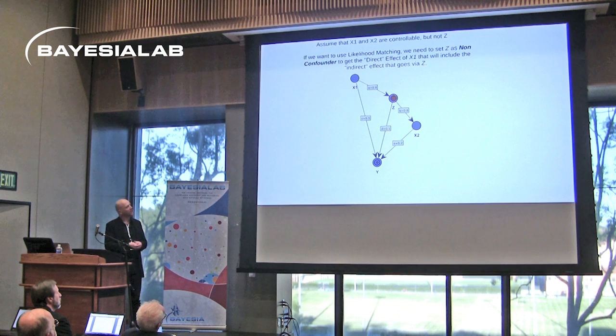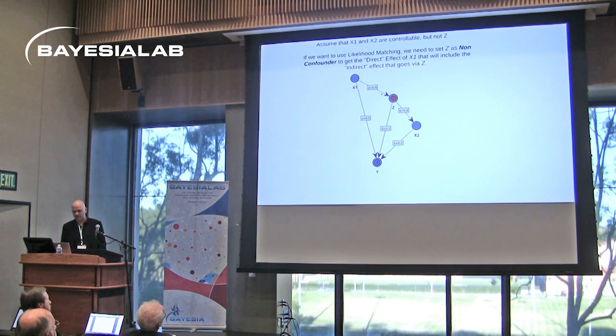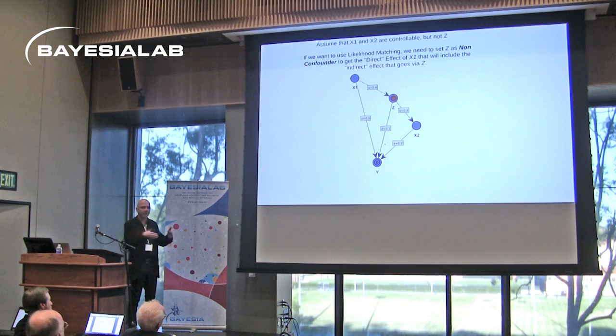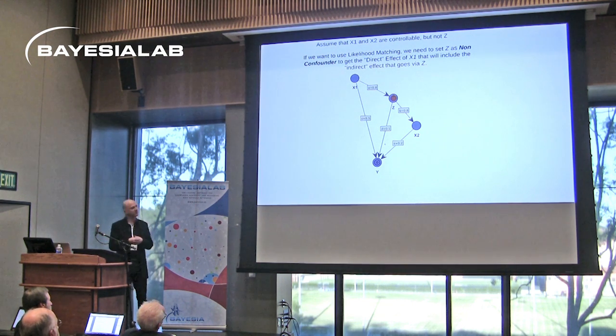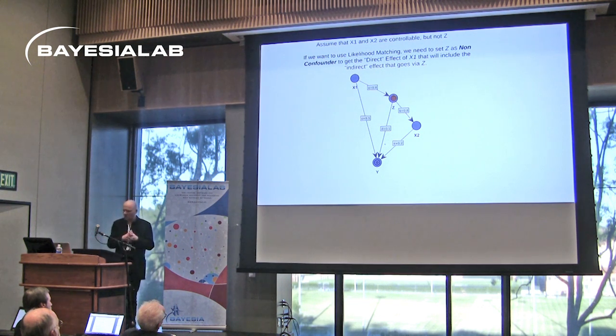Right? And so the company, if you take the action to do x1, you will have the direct effect of x1 on y, and you have the total effect via z. So if you change the value of x1, you will have two paths to improve your target. So for right now, it's not a problem, right?